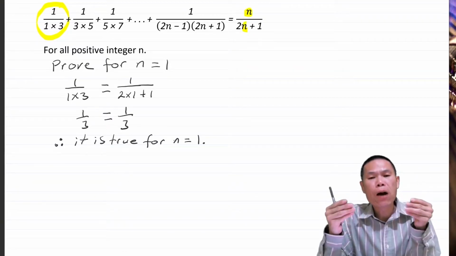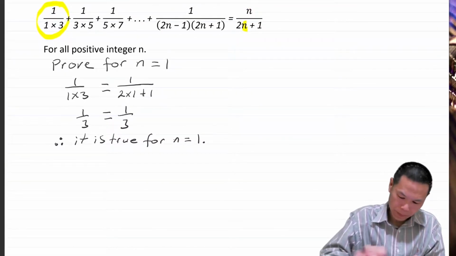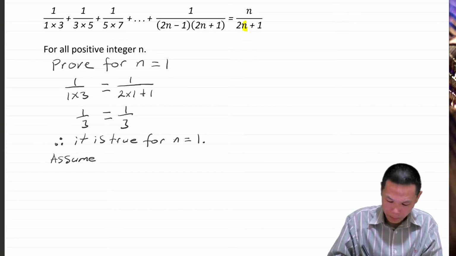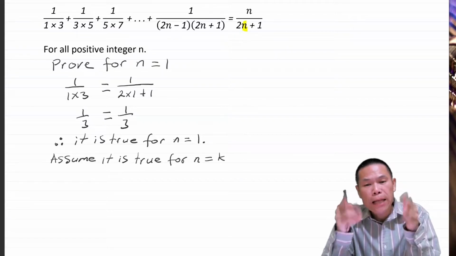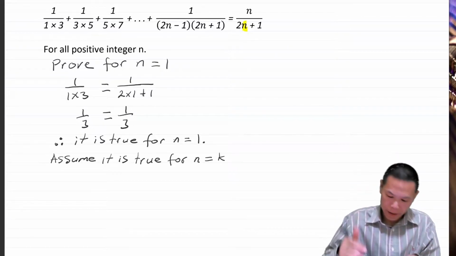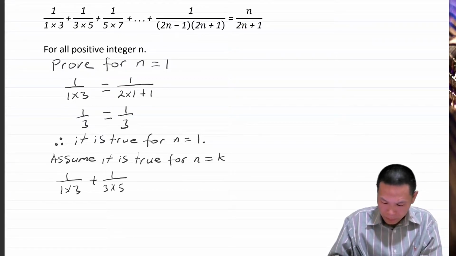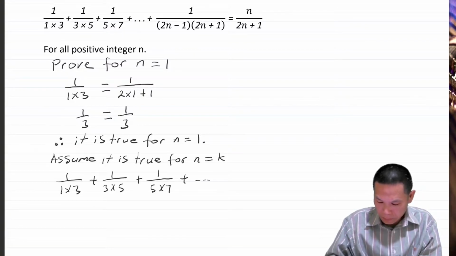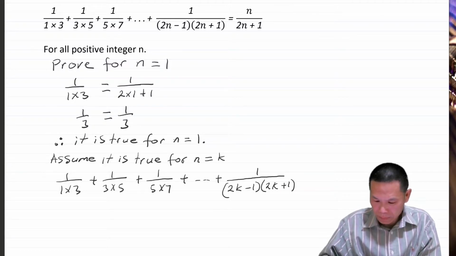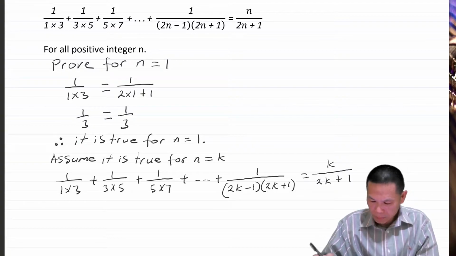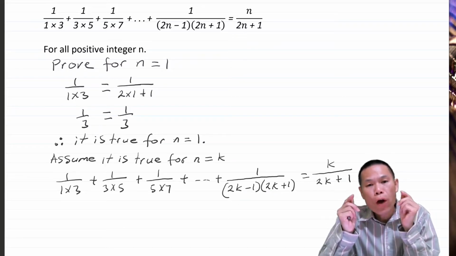There you go. Now we assume that it is true for n equal k. So this means that we need to replace n with k. Now we need to prove for n equal k plus 1.